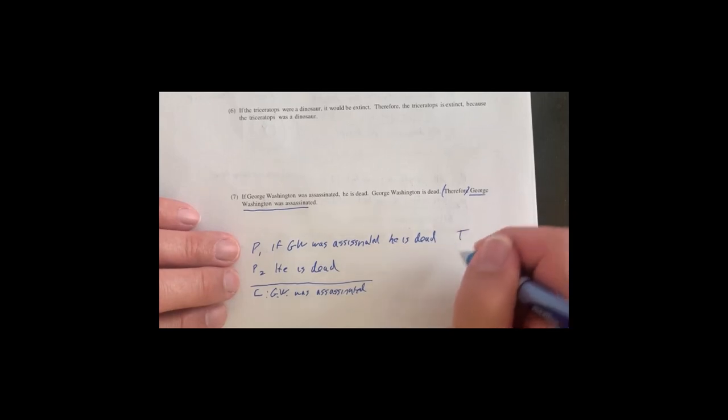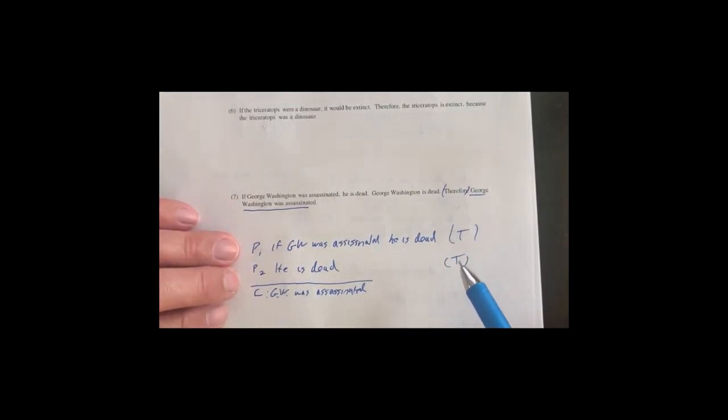These are both true statements, right? If George Washington were assassinated, he would be dead. And he is in fact dead. Therefore, he was assassinated. But you've got a false conclusion. So if you've got true, true, false, you know the argument is invalid. The other thing you can see here is that the structure doesn't work.